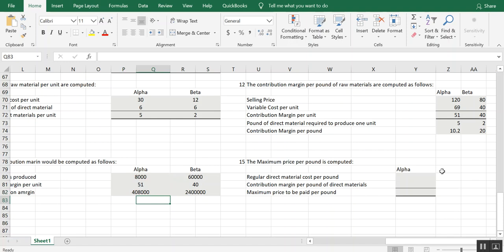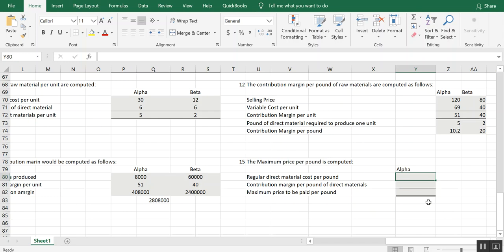And we get 408,000 as a contribution margin for alpha, and 2,400,000 as a contribution margin for beta. So the total that we have is 2,808,000. That's the contribution margin if we maximize the raw material that we have.